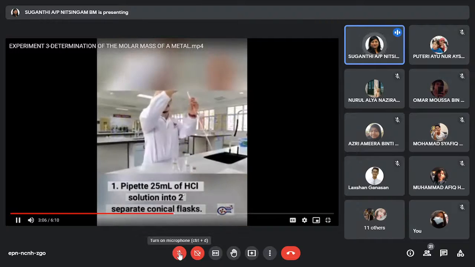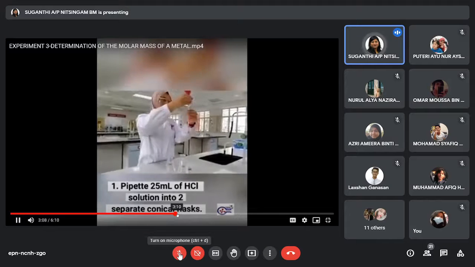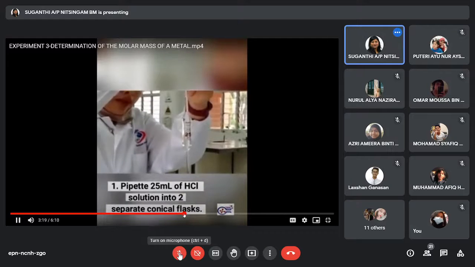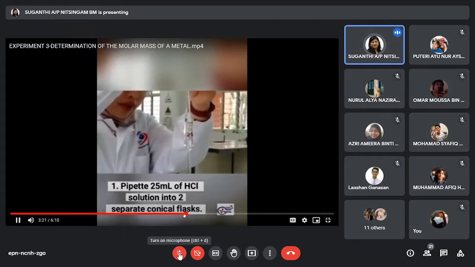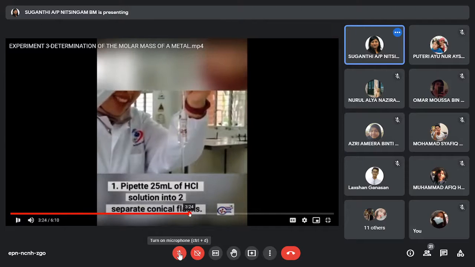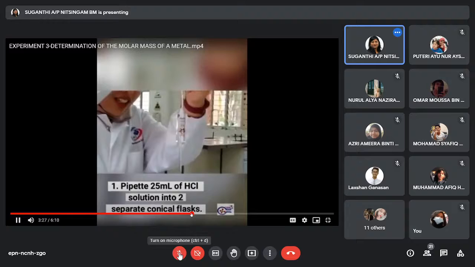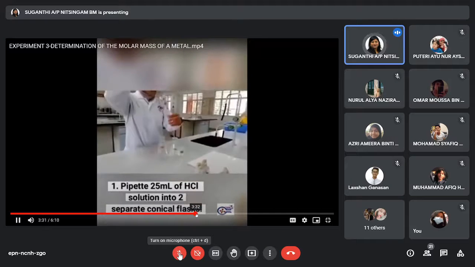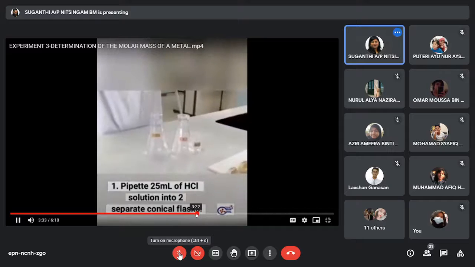Okay, molar mass of metal, the same thing. You pipette 25 ml into 2 beakers. Okay, he pipettes this. See till the graduated mark. Then he puts it into 2 conical flasks.